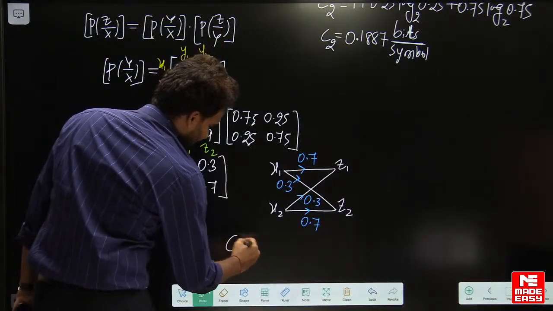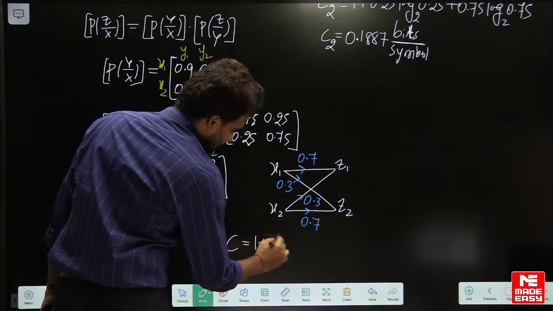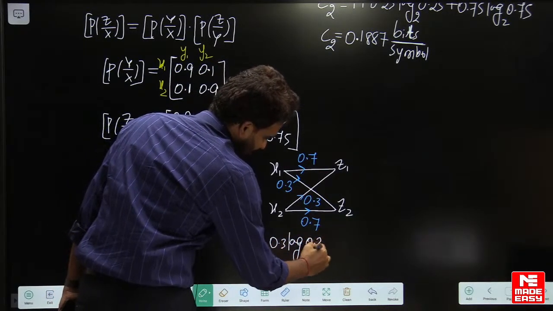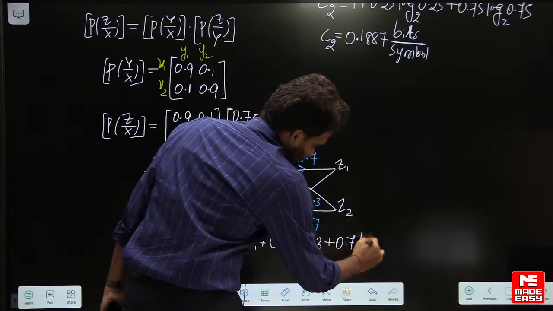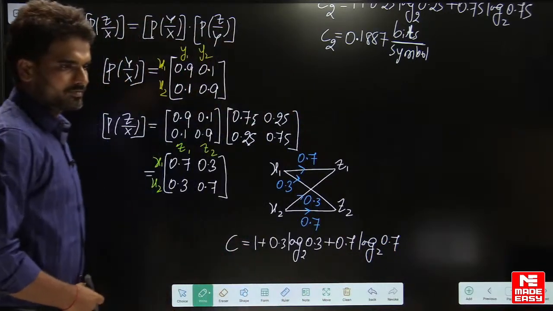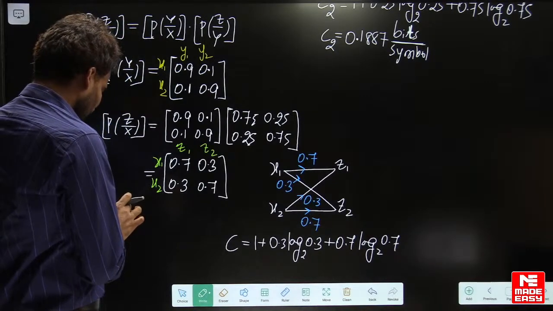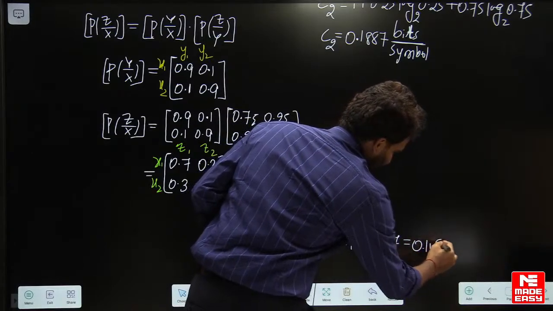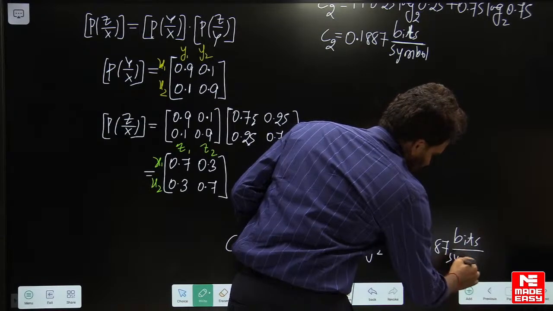The capacity of this equivalent channel is denoted with C. That will be 1 plus 0.3 log 0.3 base 2 plus 0.7 log 0.7 base 2. If you do this, you will get 0.1187 bits per symbol.